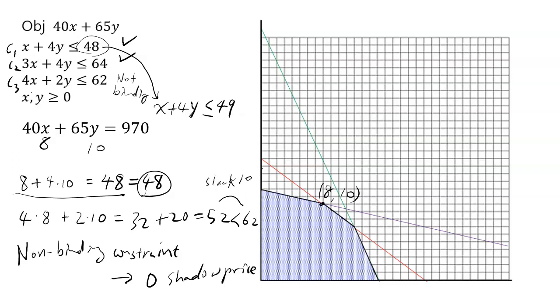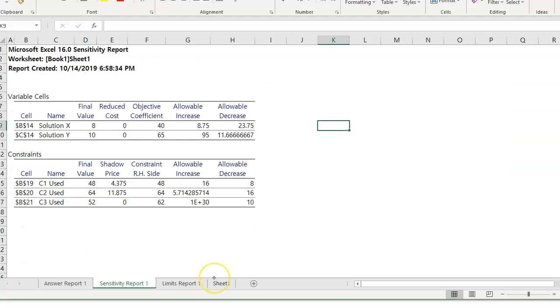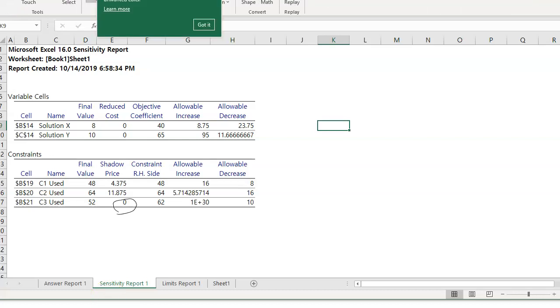So shadow price is 0. And as you can see in the Excel file, if you look at the non-binding one, we said C3 is non-binding, and the shadow price is indeed 0, right?